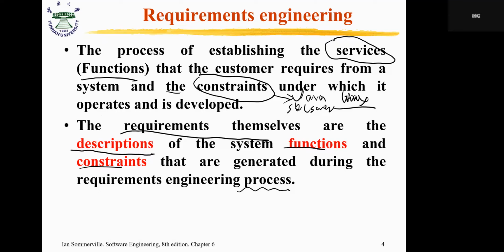So from this slide, you should know, in your requirement documentation, you have two important things. First is the function you should describe. Second is the constraint you should describe.